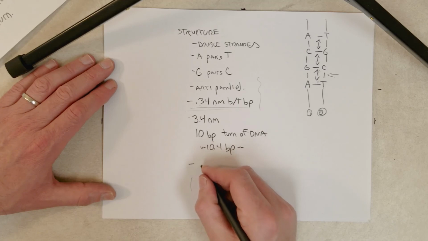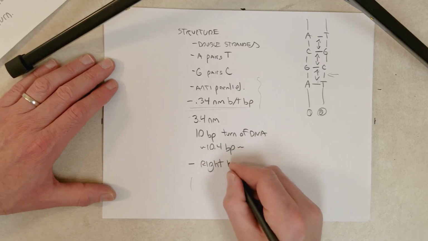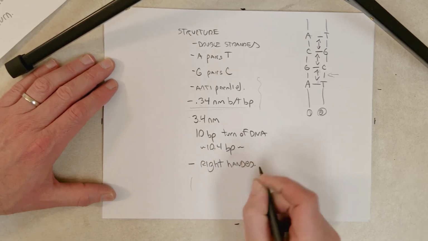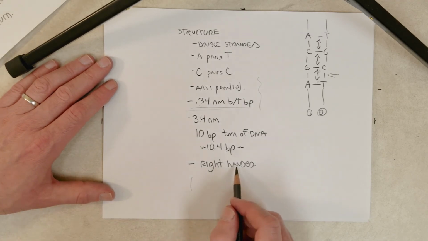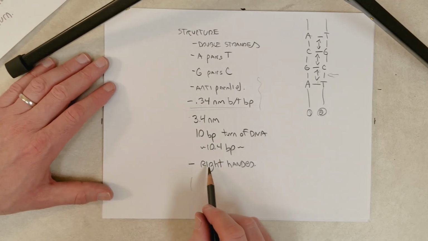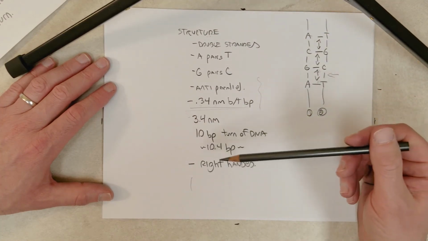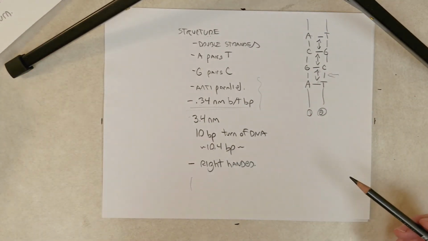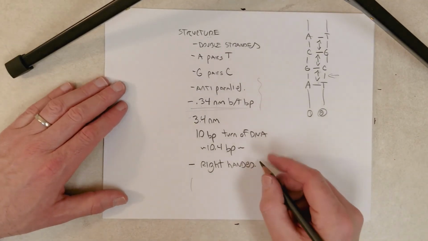Now, also we know that the DNA is a right-handed double helix. And again, I won't ask you to be able to tell the difference between left-handed and right-handed, but I think we came up with a pretty good method that should allow you to do that should you ever need to in the future. But in the Watson-Crick model, DNA is a right-handed helix. It's some more complicated stuff.